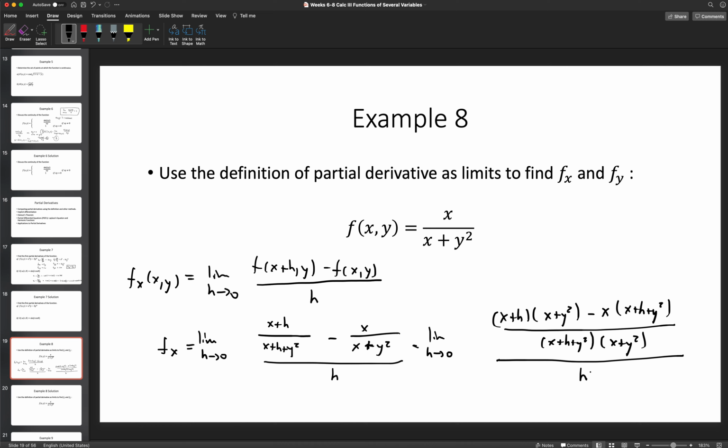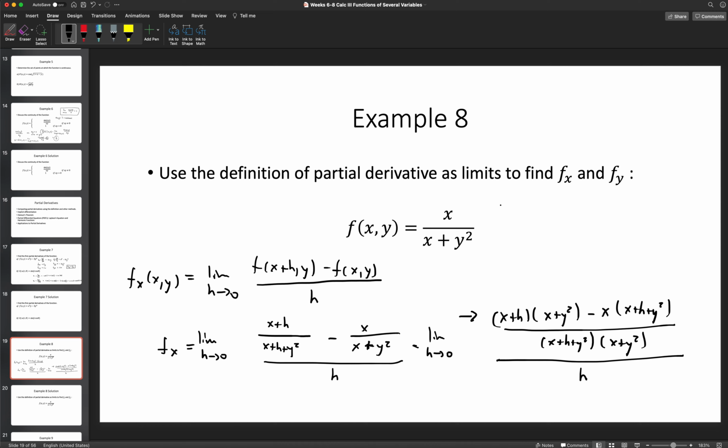Now this is the area where you want to try to discover if you can distribute and make this numerator here look a lot simpler than it is. Okay, so let's go ahead and distribute and simplify this particular numerator here.